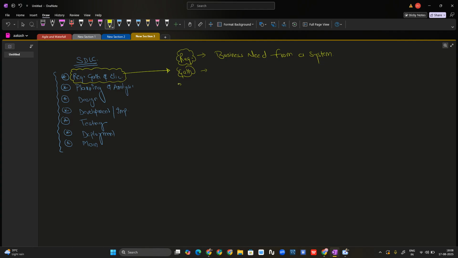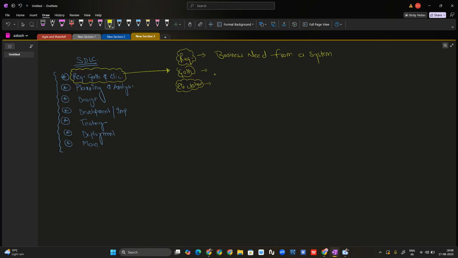And elicitation, does anyone know what elicitation is? When you give an interview, the interviewer basically asks a question: what is the difference between requirement gathering and requirement elicitation?